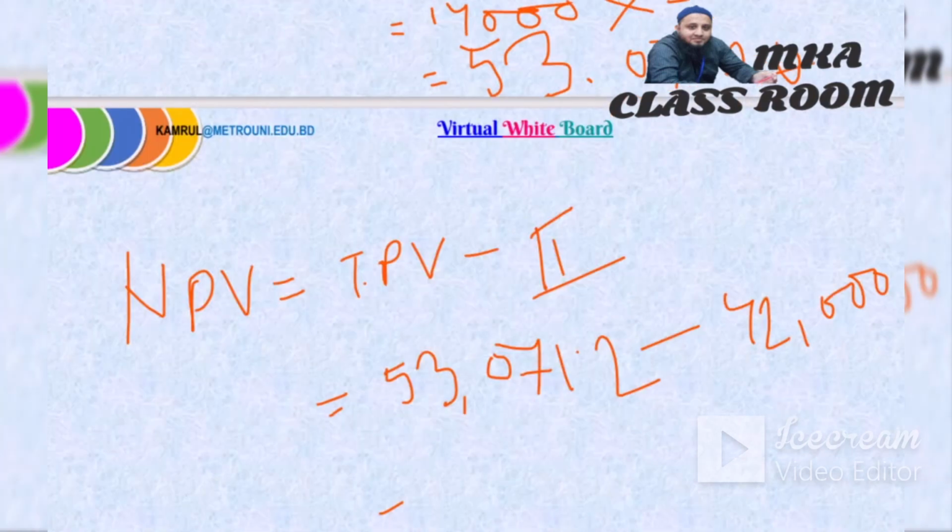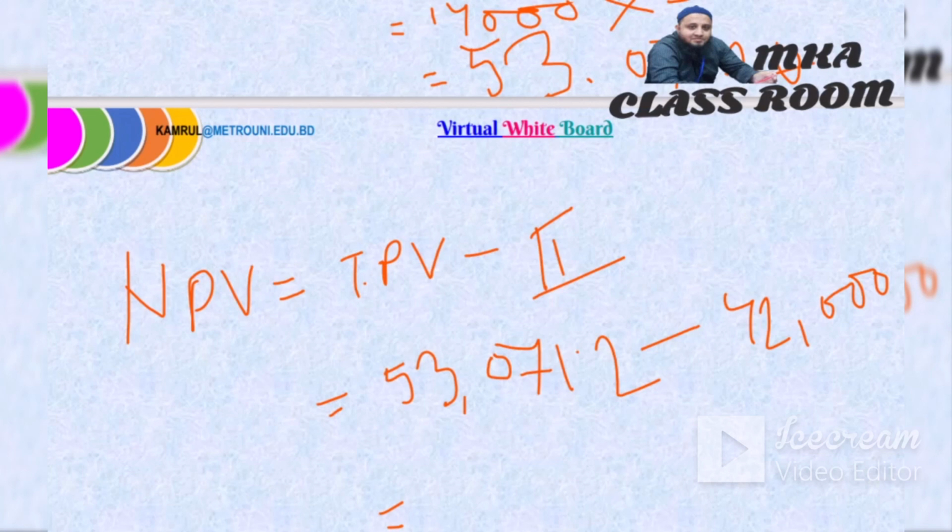Our net present value should be 11,071.2. So the NPV of project A equals 11,071.2.